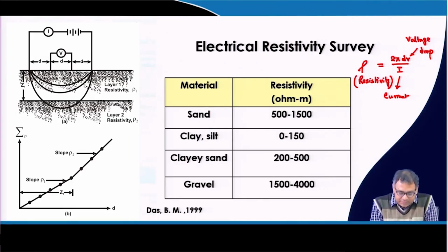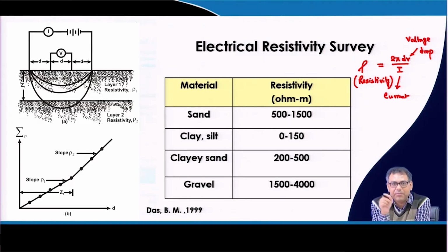The x axis is the different distance d, and the y axis is the summation of the resistivity, the summation of rho. So, this is d1 and the resistivity, and next one d2 and the summation of the resistivity.